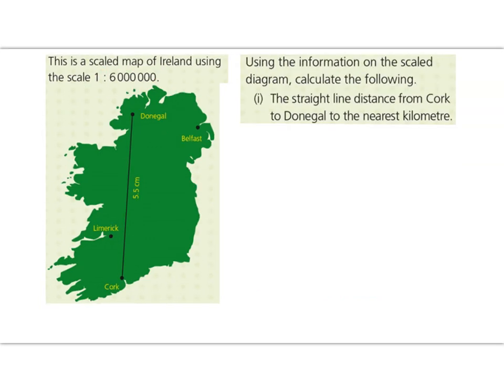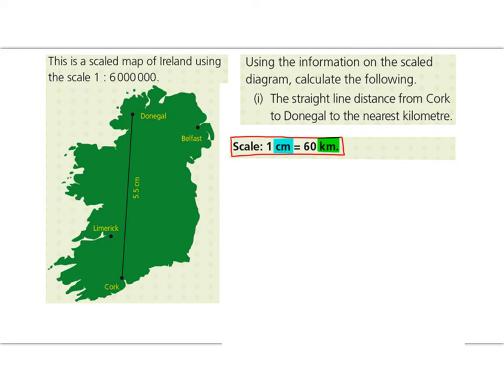So part 1. Using the information on the scale diagram, calculate the following. The straight line distance from Cork to Donegal to the nearest kilometre. So we can see on the map, to go from Donegal to Cork or Cork to Donegal, the straight line distance is 5.5 centimetres. Now we know that 1 centimetre on the map represents 60 kilometres, so we're going to multiply by 60.